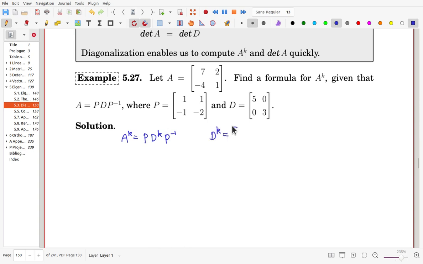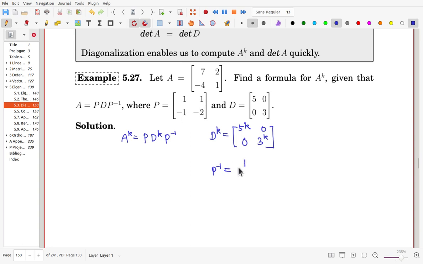The K power of the diagonal matrix will become 5 to the K, 0, 0, and 3 to the K. Okay, that's D to the K. How about P inverse? For that one, the determinant is AD minus BC.